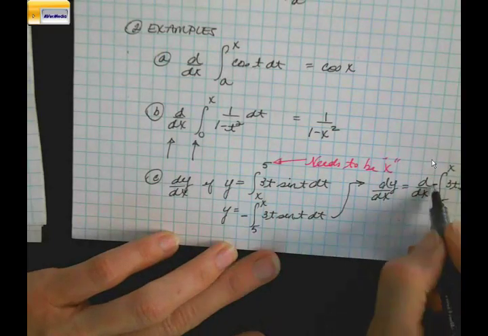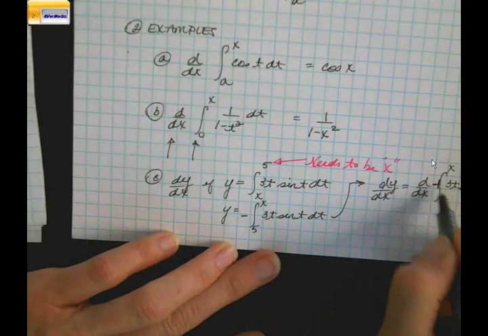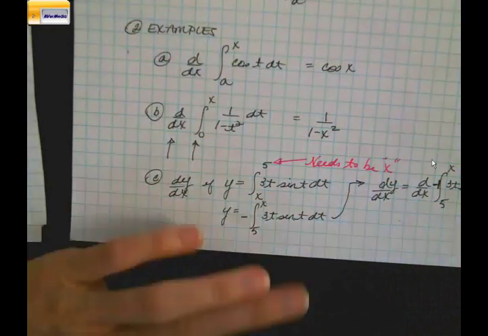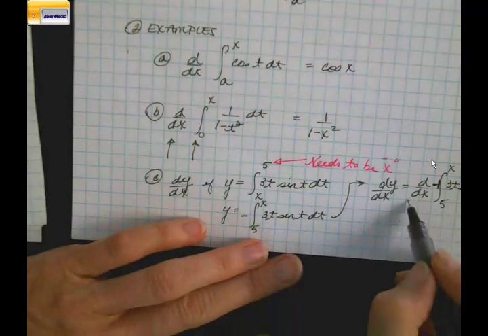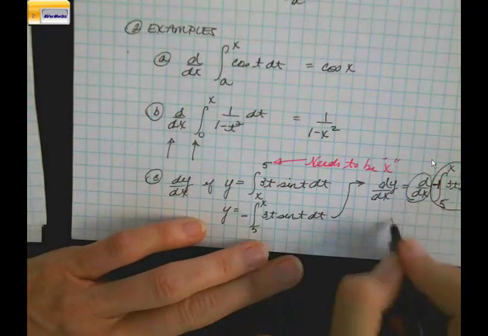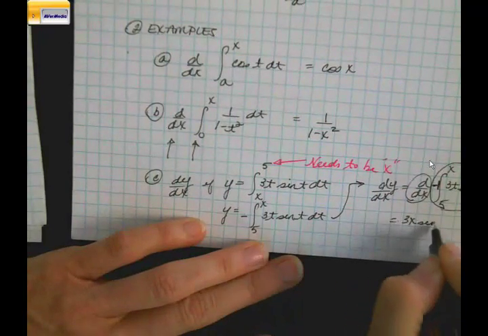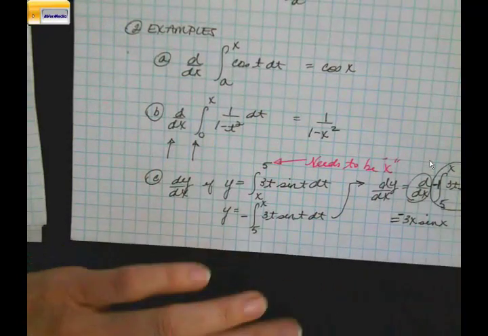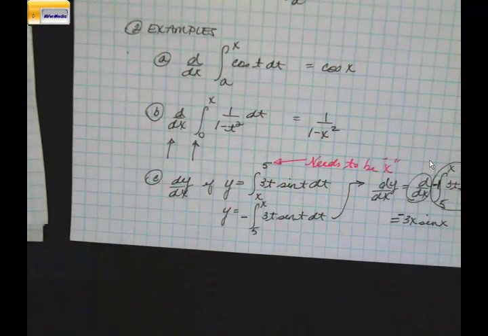This is a negative, not a minus sign, but a negative. Maybe I should put a negative 1 there. It's a negative because we switched the upper and lower limits. So this is the derivative of the antiderivative, which returns us to the original function, which is just 3x sine x. But that negative is there because we reversed the upper and lower bound.